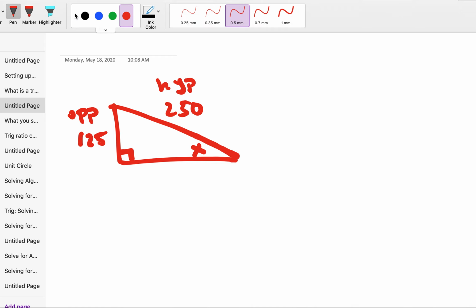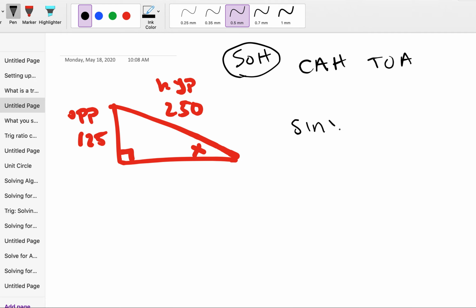So you might say, okay, the missing angle, not tangent, we're using sine, SOHCAHTOA. So the opposite and the hypotenuse are using sine. 125 out of 250 is 0.5. Well, we just finished talking about that. X must be a 30-degree angle.